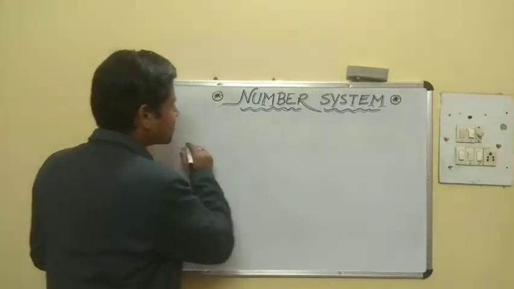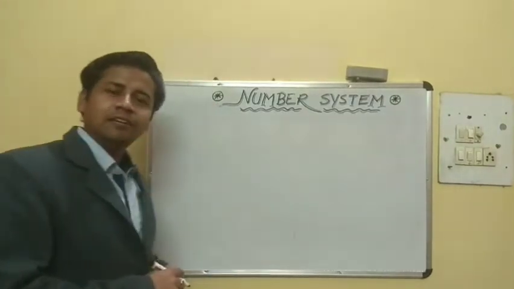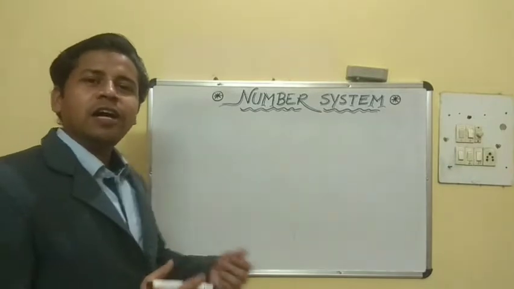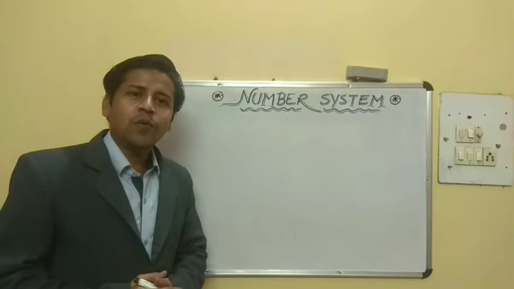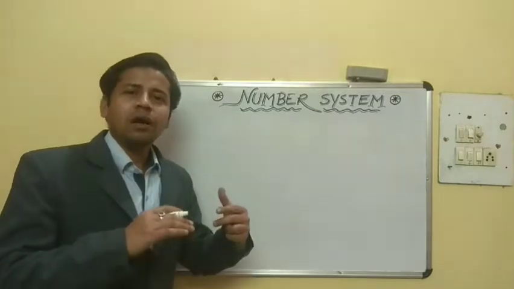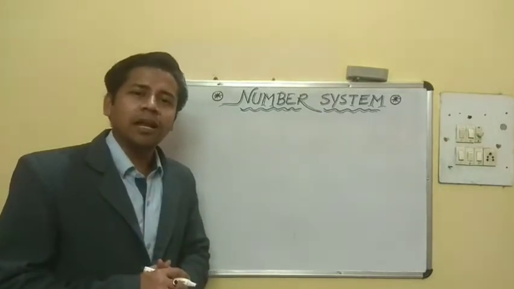First of all, we have learned how natural numbers, whole numbers and integers are represented on the number line.